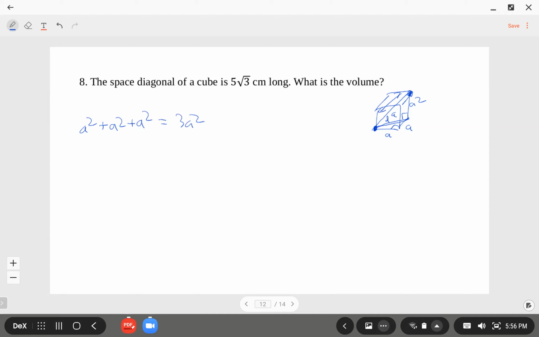I mean A squared plus B squared equals C squared, but we still have to square root it. So square root the whole thing, and you get square root of 3 times A. And that is the formula for the space diagonal of a cube.